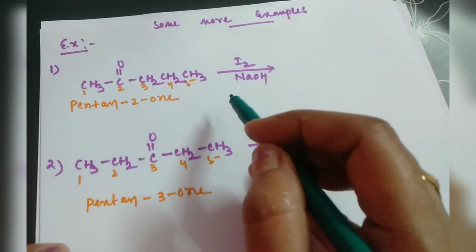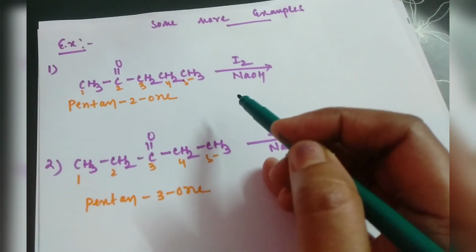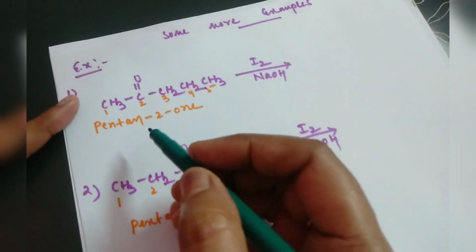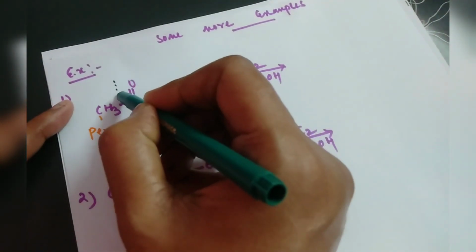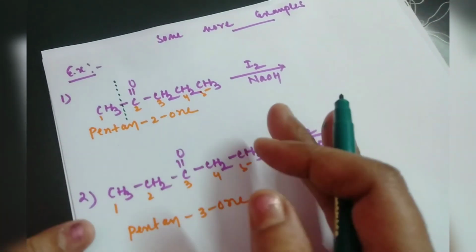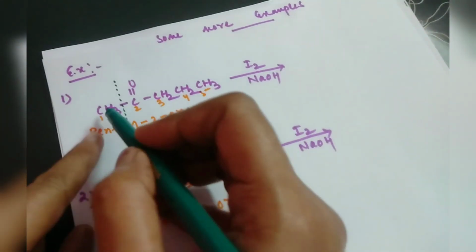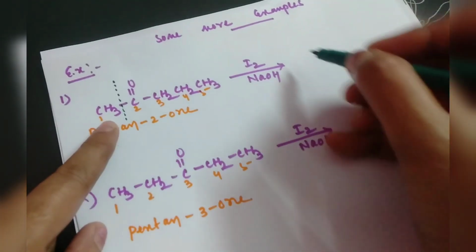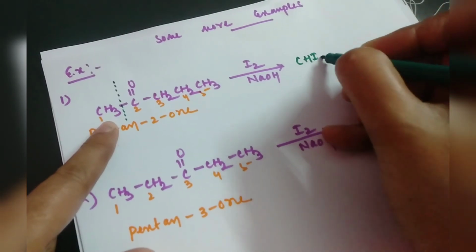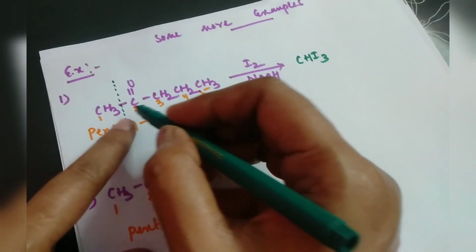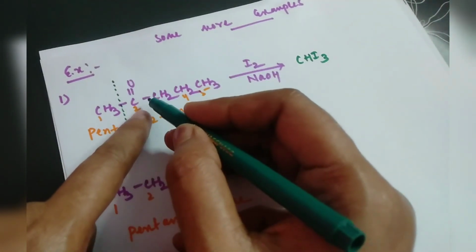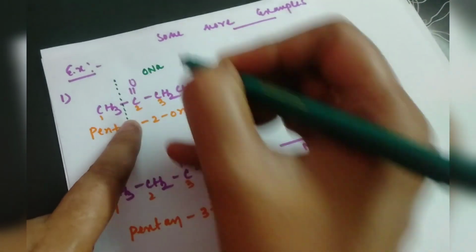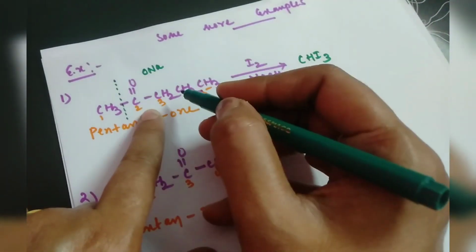If it gives the iodoform reaction, how will you know the product without doing the mechanism? You just remember one thing. To know the product, you just break here. You know that one carbon atom, the methyl group, will form the iodoform compound. So one compound you will get is iodoform, CHI3, and to the rest of the compound you have to add ONa, the corresponding salt of the acid.